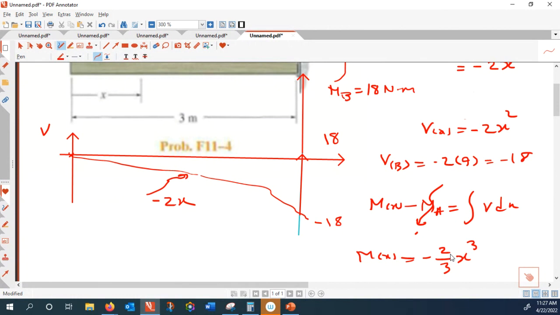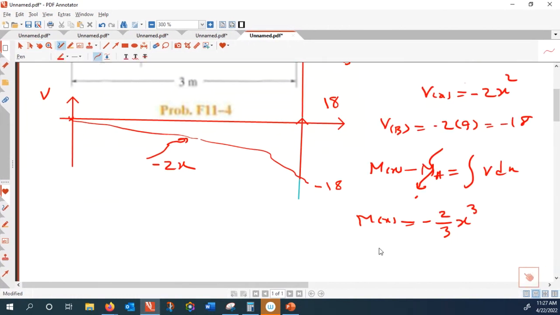Okay, and that gives me the moment at the end. So the moment at the end, M of 3, is minus 2/3 times 3 cubed, which is minus 2 times 9, minus 18.